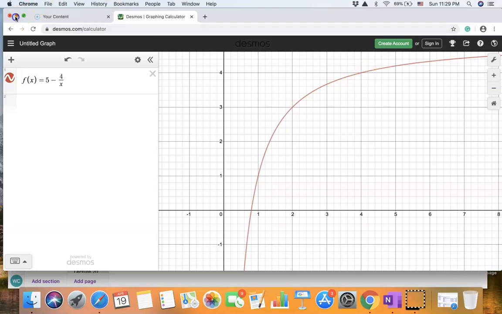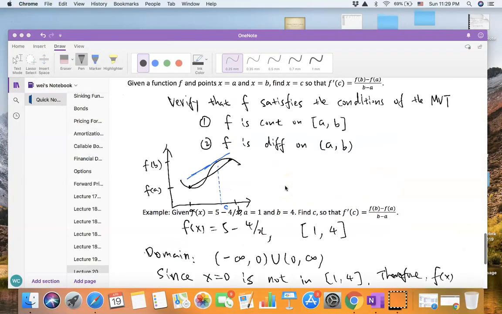Okay, so this is how to check the first condition, just by considering what is the domain of the function.